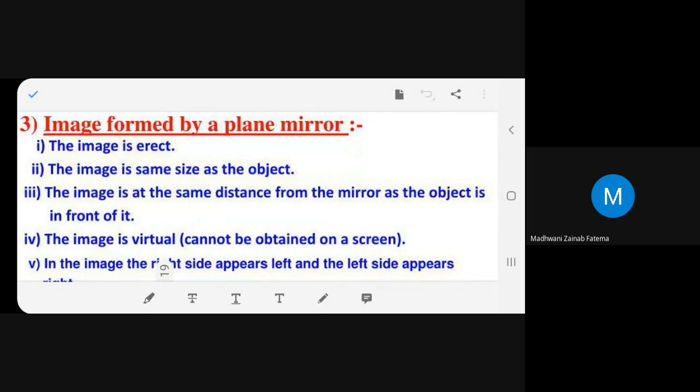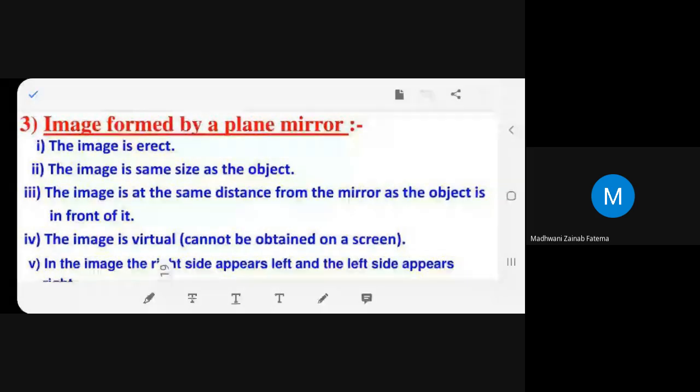Yes, ma'am. Whatever your size is, the same size you get in the image. Say yes or no. You're looking at yourself in the mirror, isn't it?